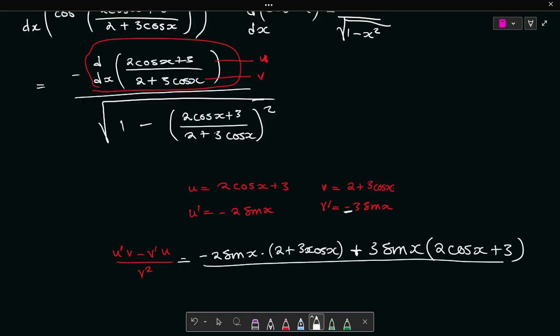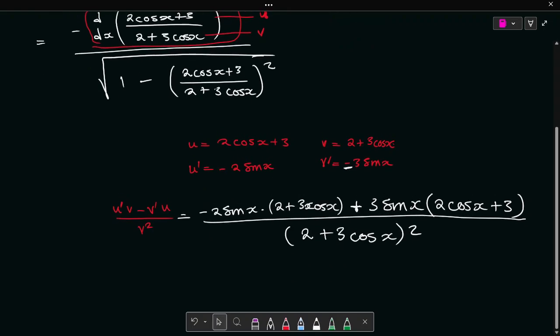We're dividing all of this by V squared, which is 2 plus 3 cos x squared.